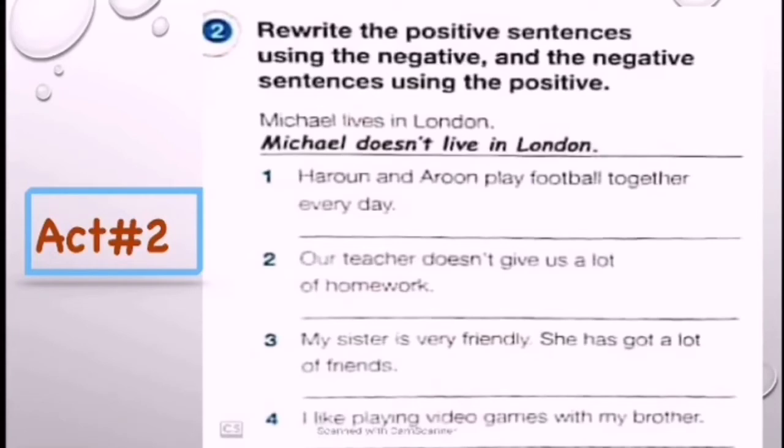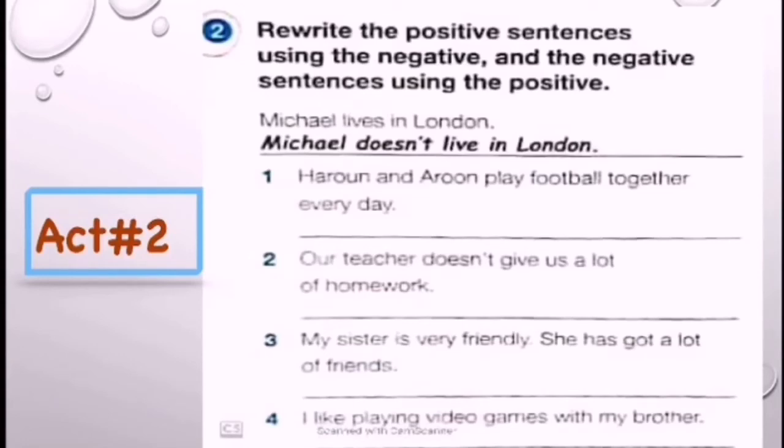Our teacher does not give us a lot of homework. Our teacher gives us a lot of homework. We will exclude does not and will add s to give. My sister is very friendly and she has got a lot of friends. It is positive sentence. We have to convert it into negative.